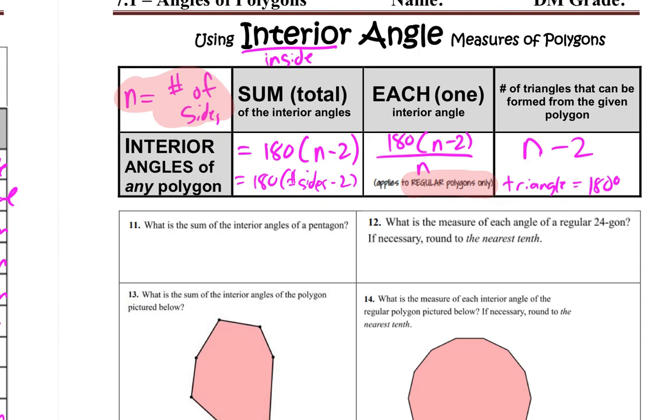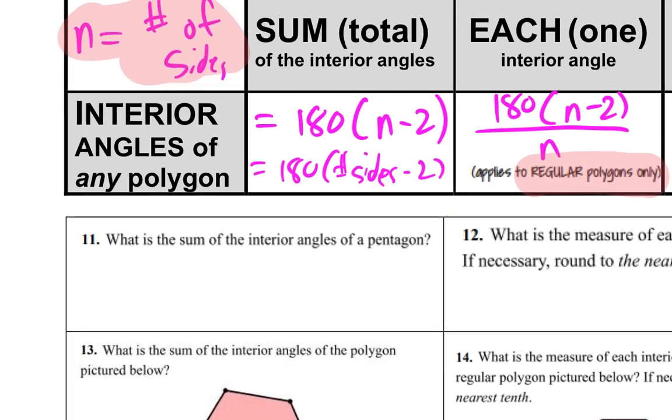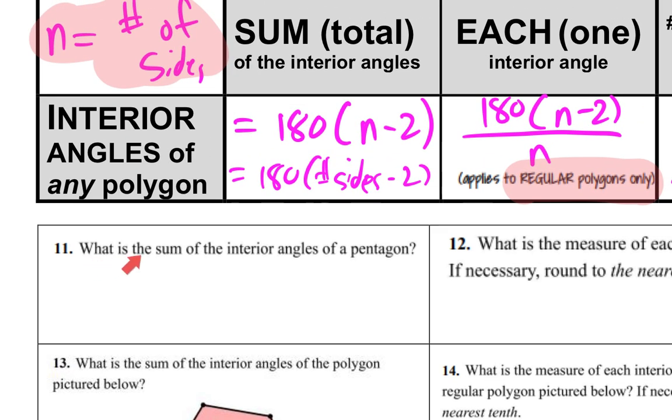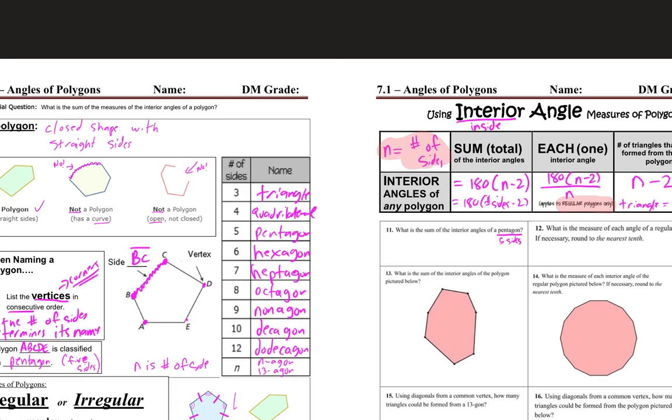It says, what's the sum of the interior angles of a pentagon? So what do we know about a pentagon? Pentagon means 5 sides, right? We know that from our practice. So for the sum, we look at this column. We said it's 180 times n minus 2.